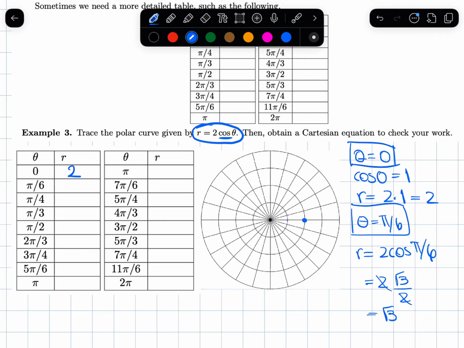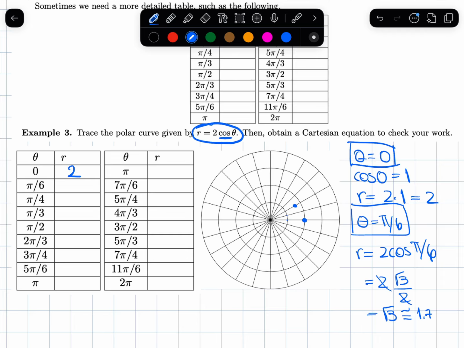So at pi over 6, remember I said each of those little sectors is pi over 12. So with 2 of these, I get pi over 6. So I'll be moving in this direction. Root 3 is about 1.7 if I'm not mistaken, which means you're not going to be quite at 2. So you're not going to go all the way here. You're going to be a little bit before, maybe right here. It's about 1.7.